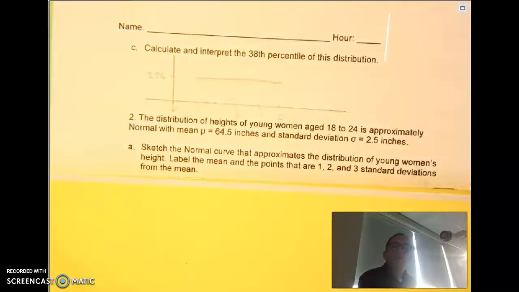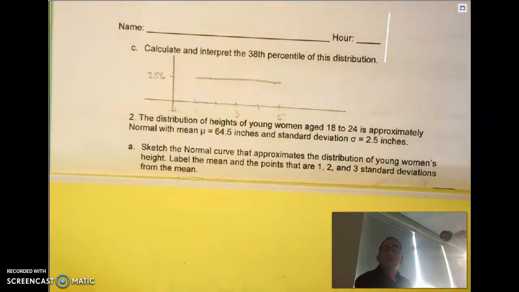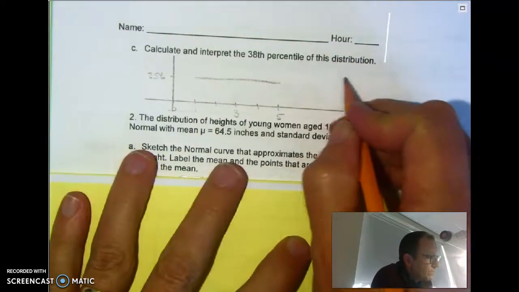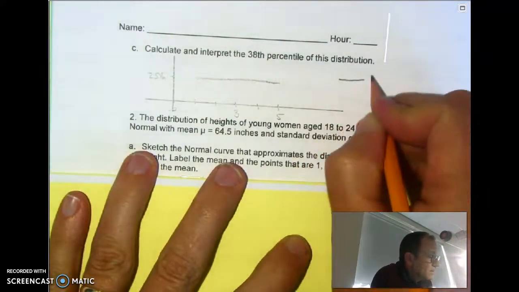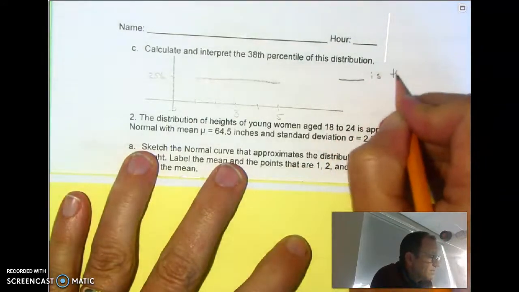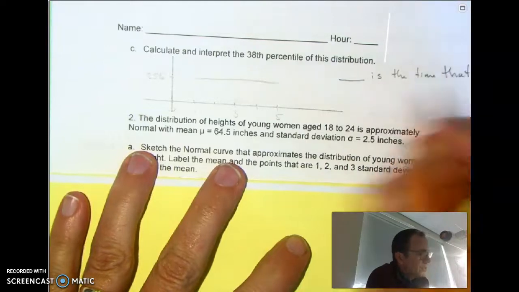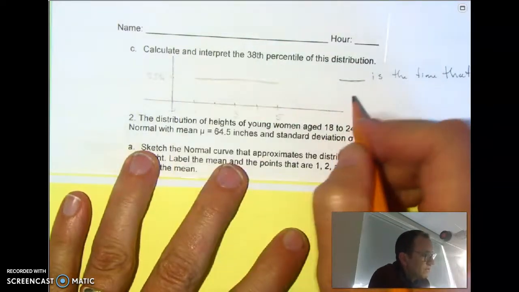So the question here says, find and interpret the 38th percentile. So when we're done, we're going to interpret it by saying blank is the time that separates the bottom 38% from the top 62%.